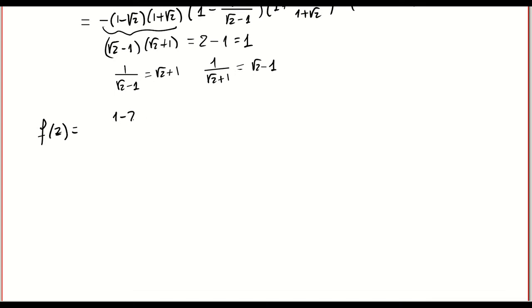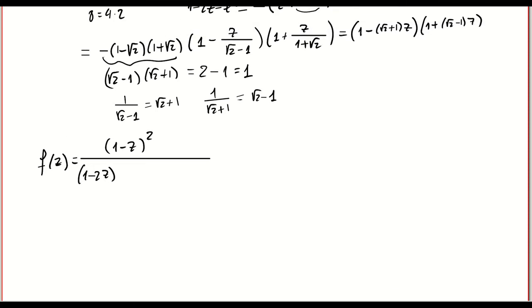It is (1 minus z squared) divided by (1 minus 2z), that's the first factor, and the second and third factors are these two: 1 minus (square root 2 plus 1) z, and 1 plus (square root 2 minus 1) z. There you go.